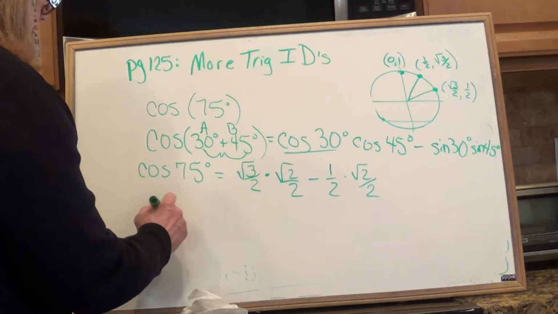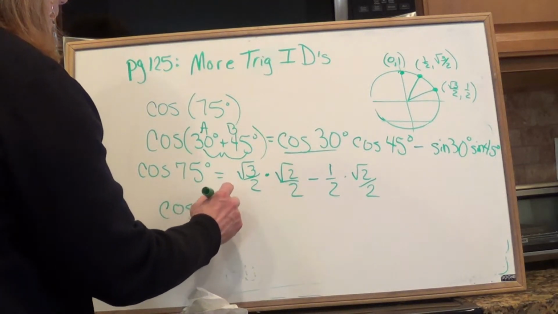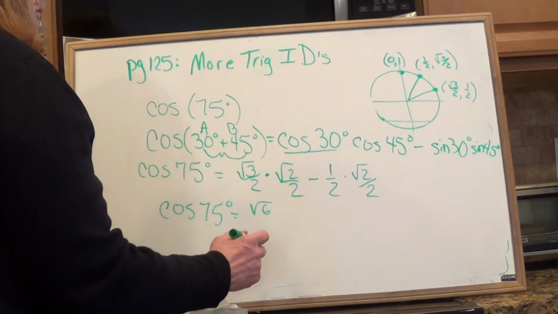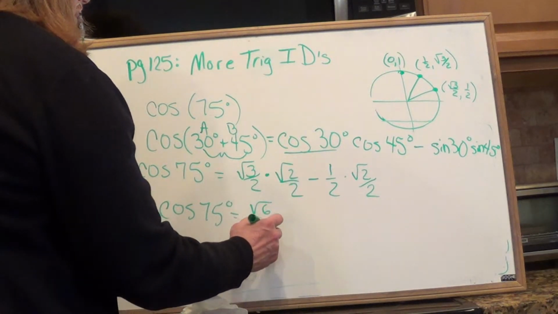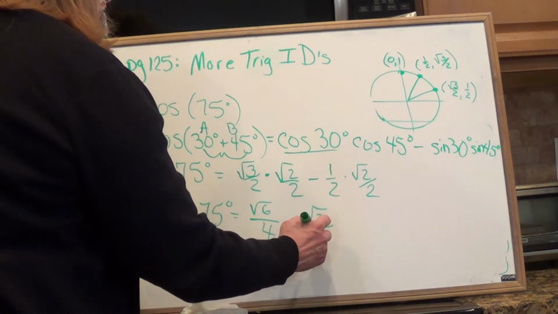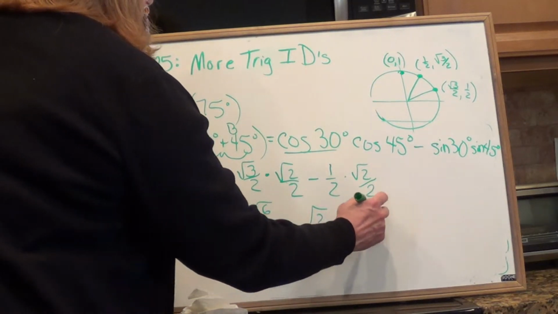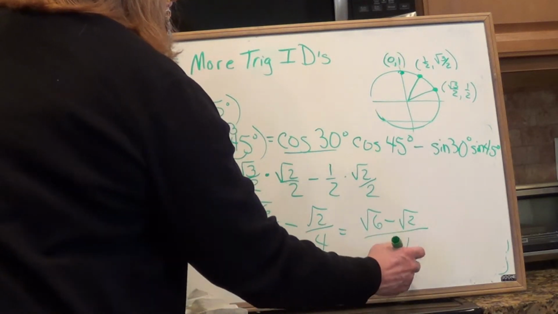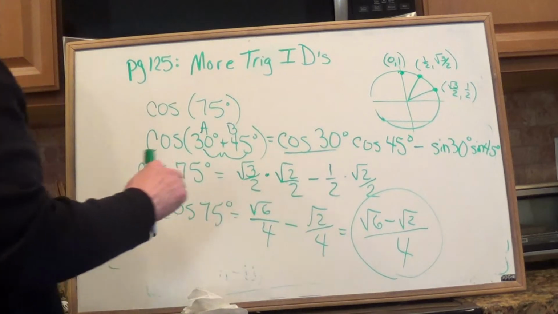Alright, so cosine of 75 is square root of 6, that's multiplying top times top, bottoms times bottom, minus square root of 2 over 4. They have like denominators, so I get square root of 6 minus square root of 2 over 4. That is the exact value.